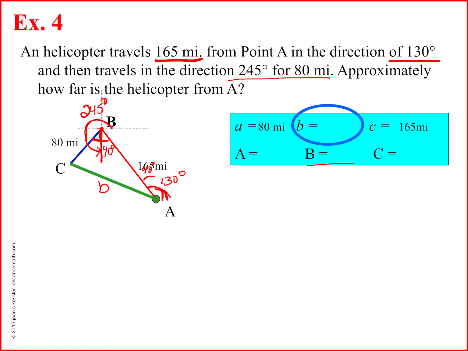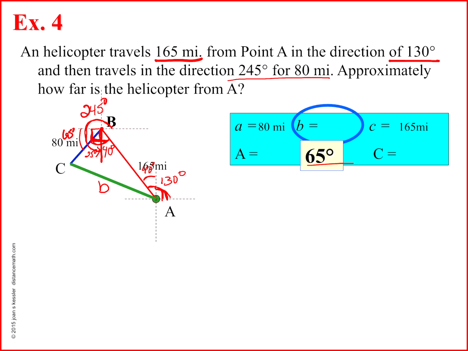We also know this is a 90-degree angle. We can figure out this angle as 65 because you could do 245 minus 180. If this has to be 90, then this angle here is 25 degrees. So this whole angle together is the 25 plus the 40, so our angle B is 65 degrees.